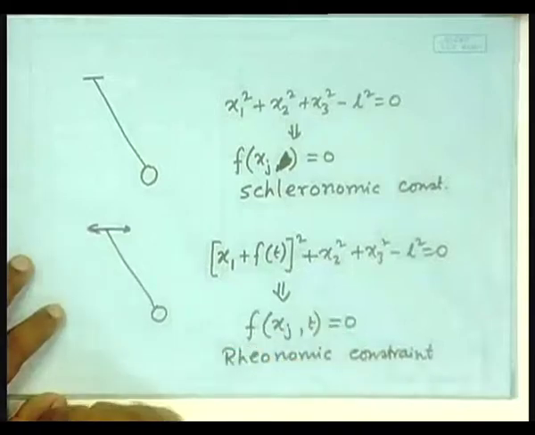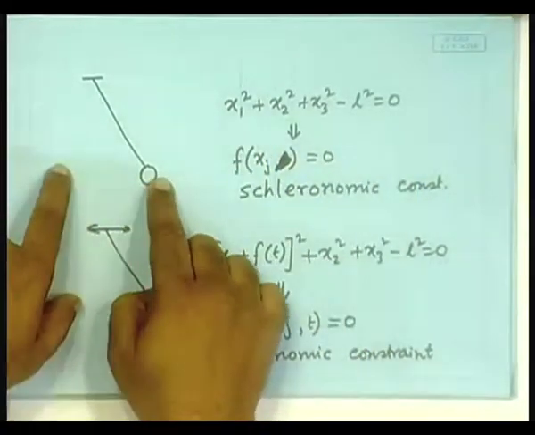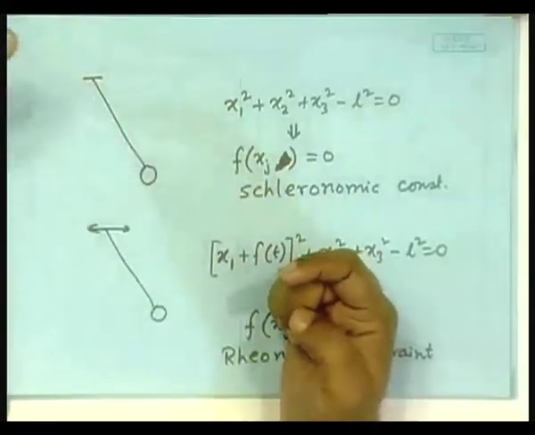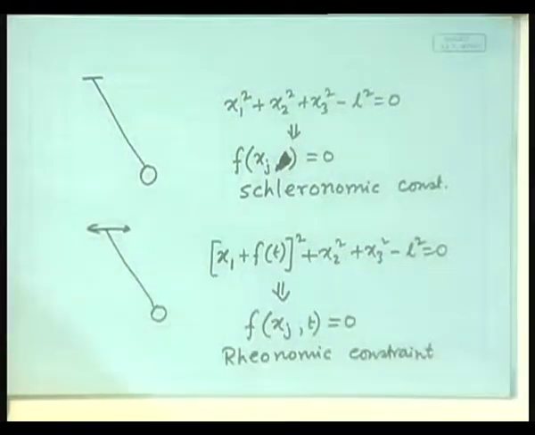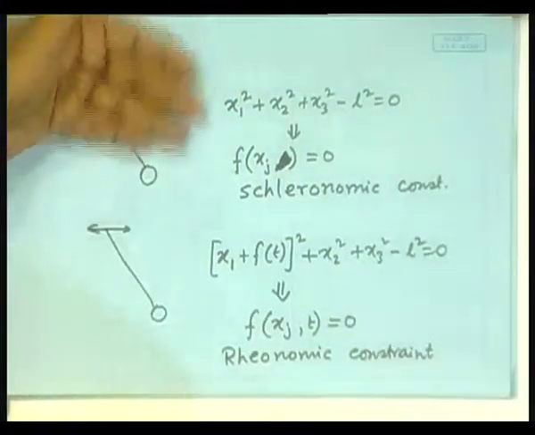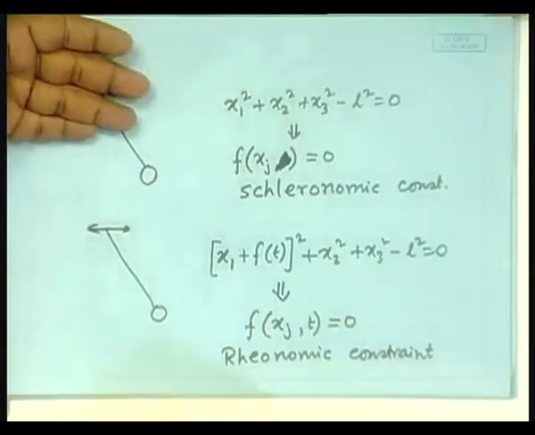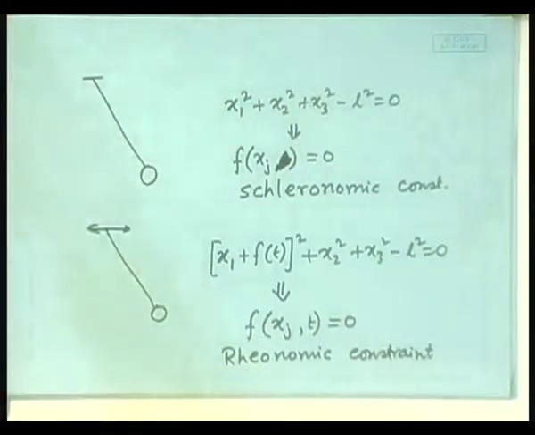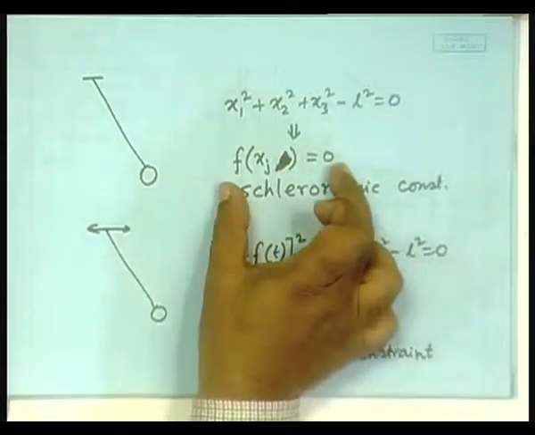That is one equation that makes the dimension 1 less, from 3 to 2. But imagine that if it is a planar pendulum, then there is one more constraint equation, that is, say, y is equal to 0, or x2 equal to 0. So, x2 is equal to 0 is a constraint equation, also in this form.